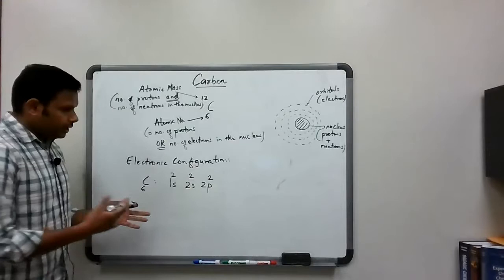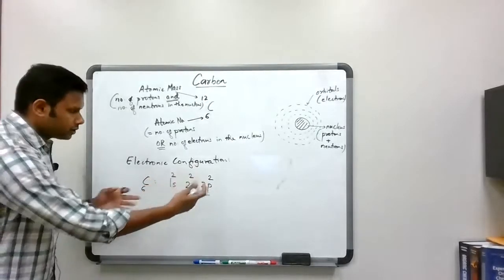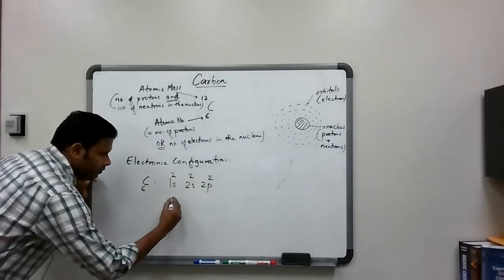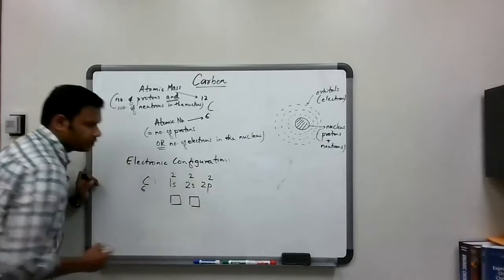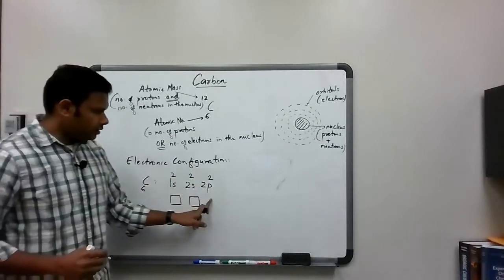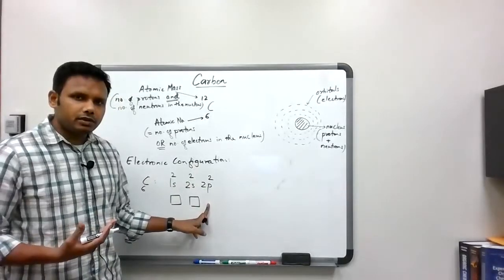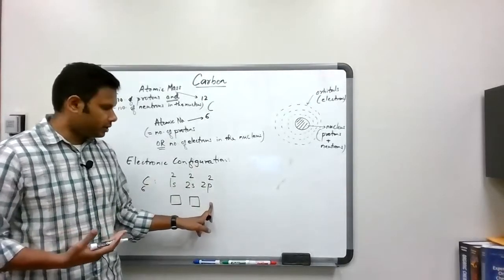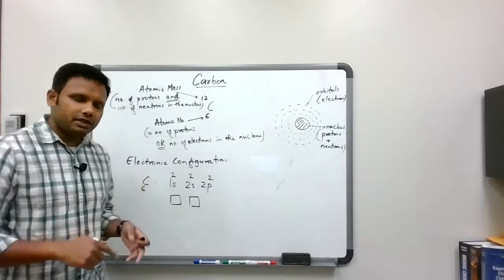That is 6 electrons. Now, again, we also learn in Gen Chem to fill these electrons into boxes. So remember how we can represent the 1s by a box, the 2s by a box, and then the 2p. How many p orbitals are there? I hope you remember there is px, py, and pz.